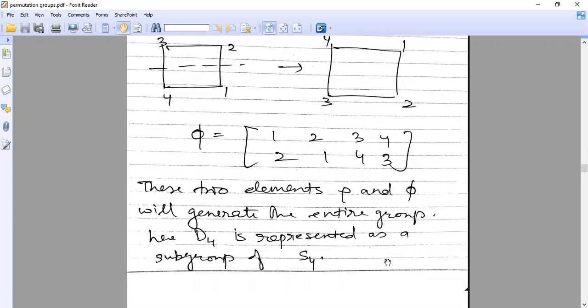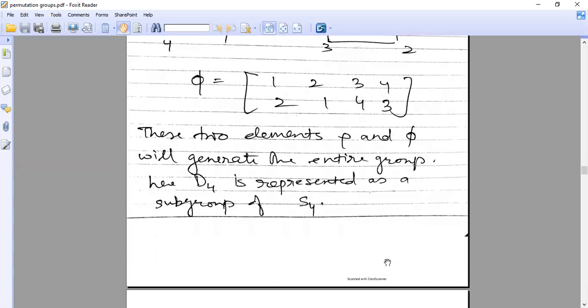So here D4 is represented as a subgroup of S4, because we have taken S_n, the generalized group. We are talking about the set A with 4 elements, 1, 2, 3, 4. So this is S4, and D4 is represented here as a subgroup of S4.